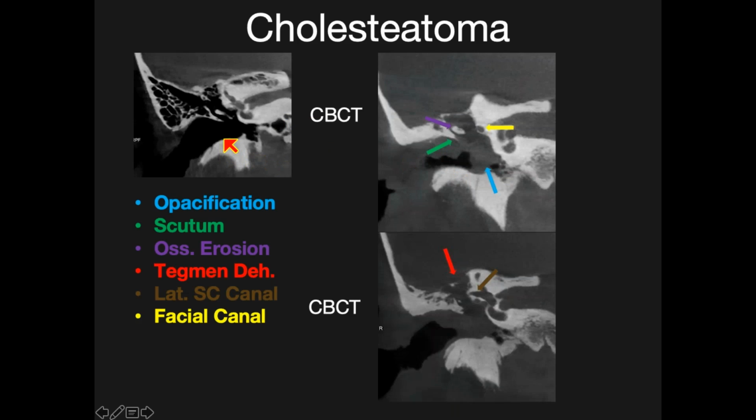Normal coronal image, this is a cone beam CT, external canal, scutum, you can see that quite nicely aerated mid-ear. Compare it with this abnormal one. There's a lot of opacification, and that's caused blunting of the scutum, ossicular erosion, and if you go a bit more posteriorly, you can see that dehiscence of the tegmen, which means that this disease can easily enter the middle cranial fossa.